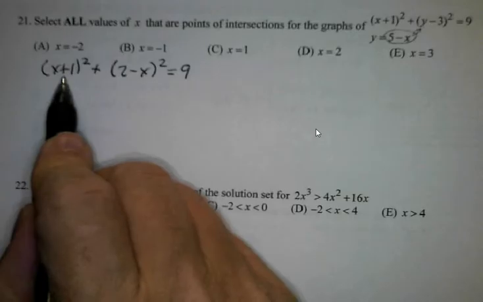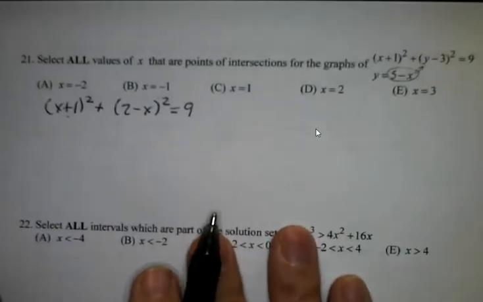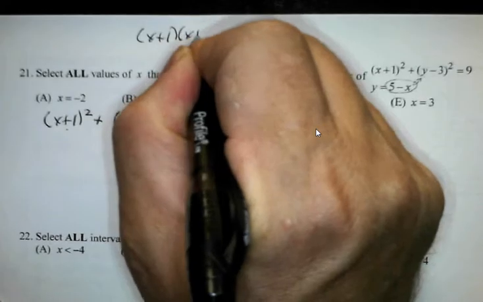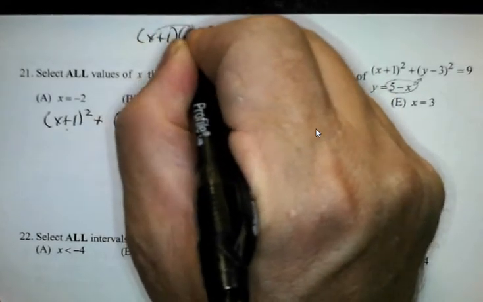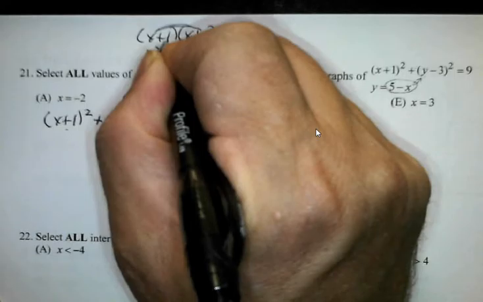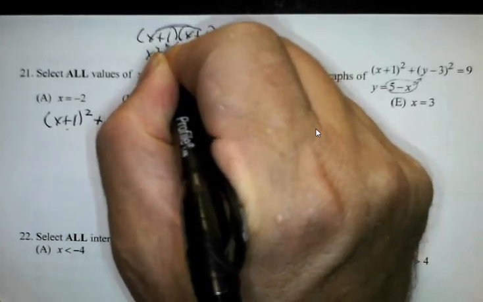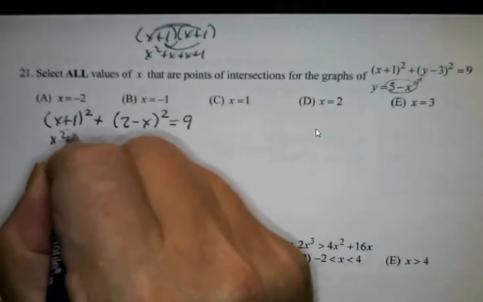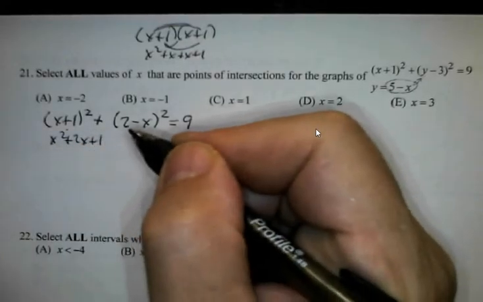So I'm going to do x plus 1 squared. I'm just going to do it up here. x plus 1 times x plus 1. x times x, x times 1, 1 times x, 1 times 1. So this is going to be x squared plus 2x plus 1.